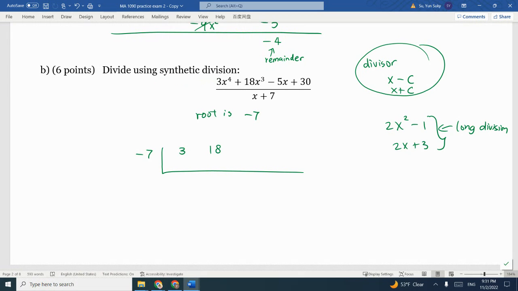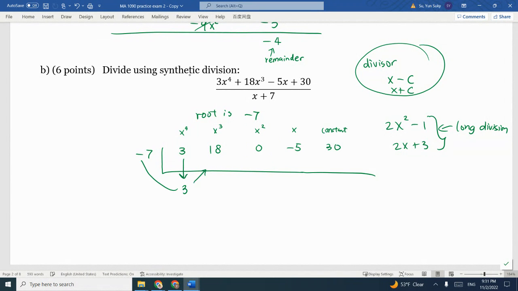You have to be very, very careful because if this is x to the fourth, this is x cubed, and then the next one should be x squared, but we don't have x squared, so put 0. And the next one is x minus 5, and the next one, the constant term, is 30. So make sure you don't miss the 0. That's really, really important.